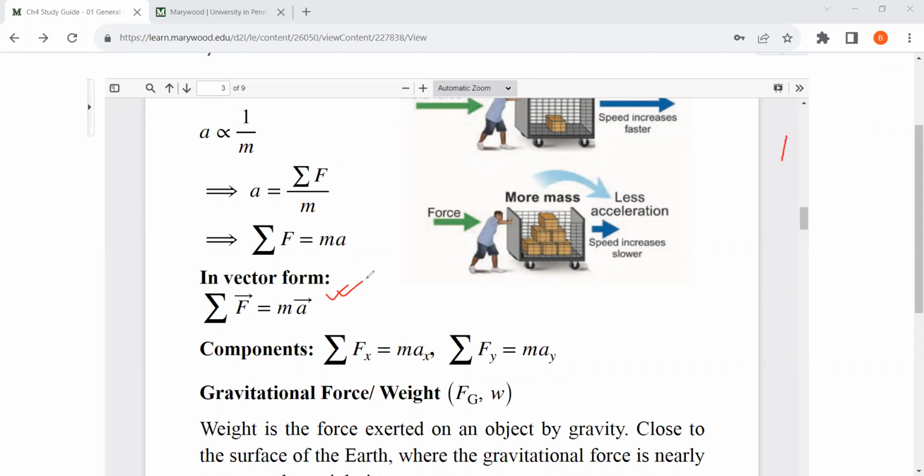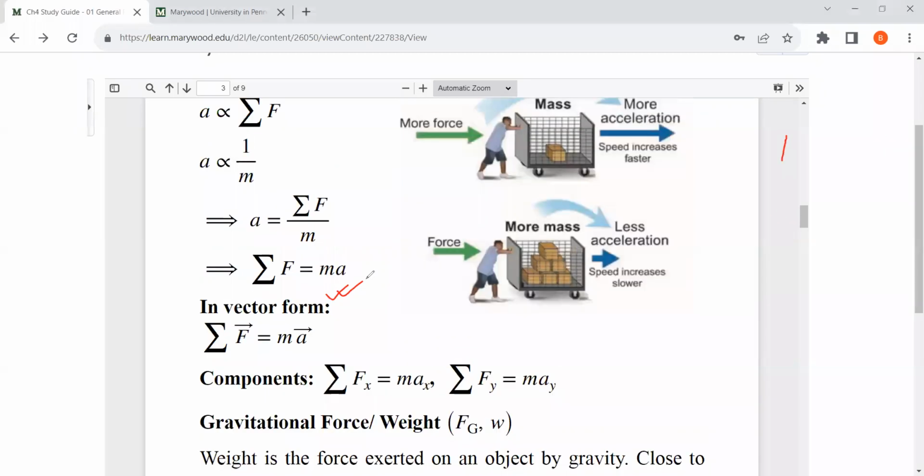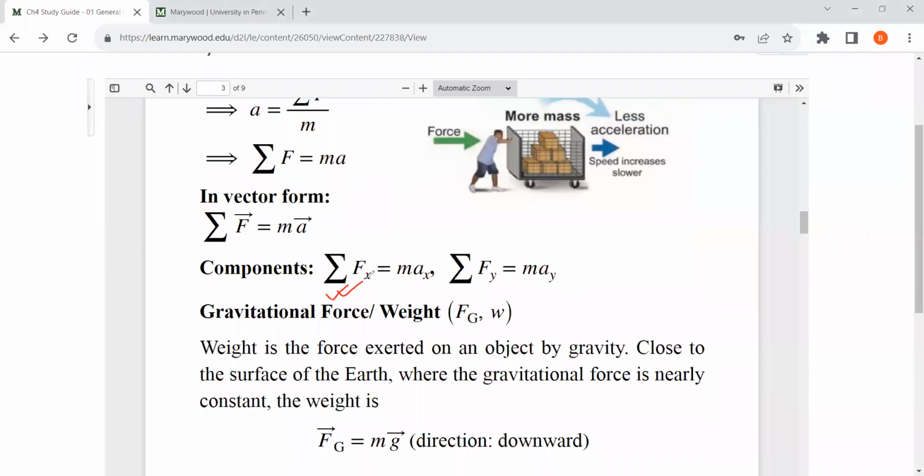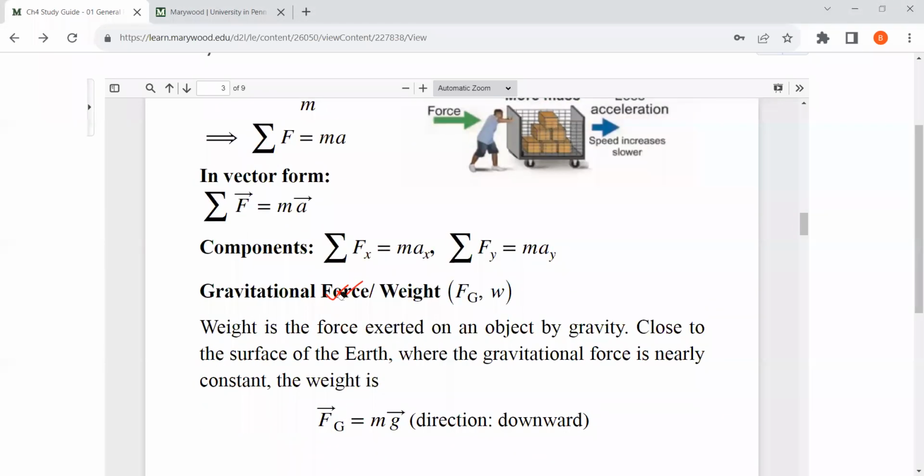So what we do is break this vector into its x and y components. It will be easier to solve a problem when we break Newton's second law into its components. In component form, the x component is this one, the y component is this one.